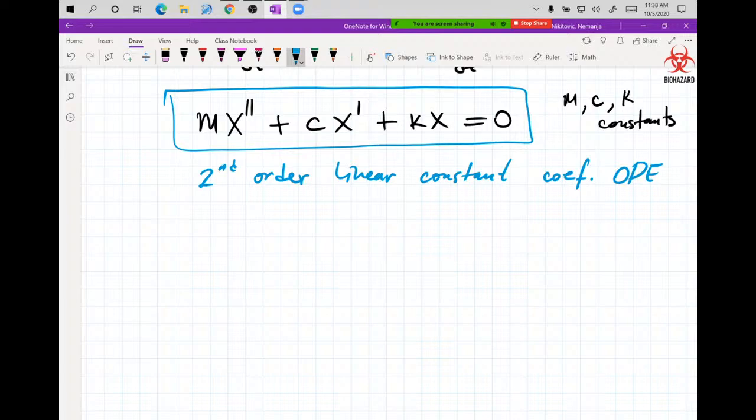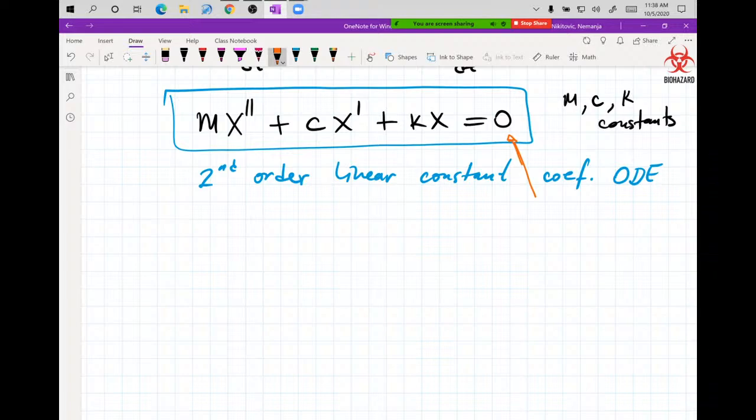There we go. So second order linear constant coefficient ordinary differential equations. This D looks like a P, so I'm going to write ODE. There we go. ODE. And we have this piece equal to 0.